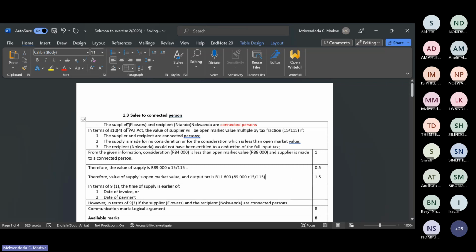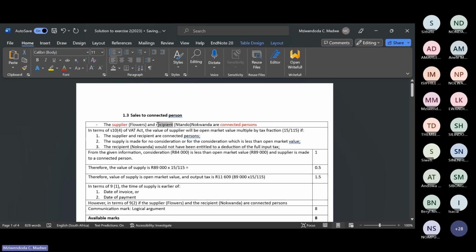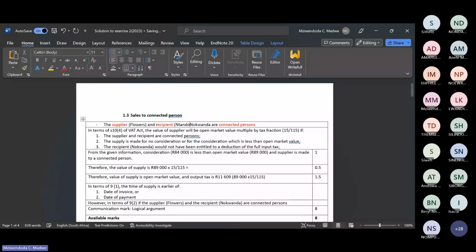So you indicate that the supplier and recipient, which by the way is Nogwanda, are connected persons. So this is your first mark. You indicated that in this VAT implication, I'm going to calculate the VAT for a connected person.